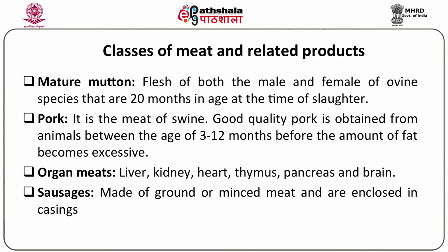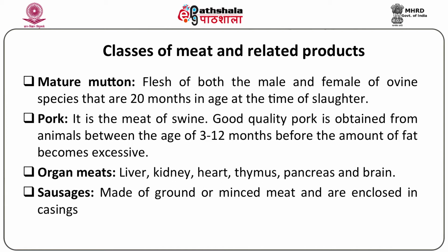Pork is the meat of swine, and good quality pork is obtained from animals between the age of 3 to 12 months. If the swine is very old in age, then there is a lot of fat that gets deposited in the flesh of the animal, and it makes it undesirable for cooking and for consumption.